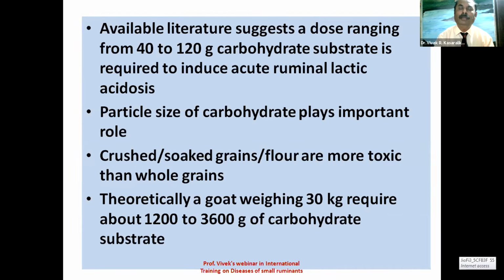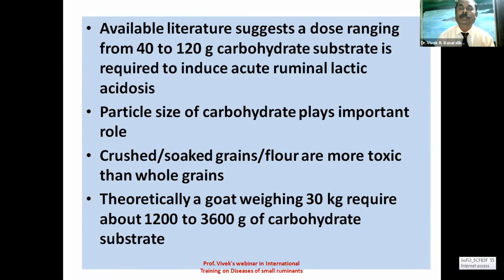Several papers say what type of carbohydrate can induce acute lactic acidosis. Now, many of the papers say that the particle size of carbohydrate plays an important role. The smaller the particle size, the more fermentable it is, and the more accessible to the rumen microflora to act on and produce lactic acid more rapidly. So finer powders, here you can see the crushed grains, soaked grains, then flour, rice flour, wheat flour, are more toxic than the whole grain, because whole grain requires a little more time to open up and expose the carbohydrate inside.